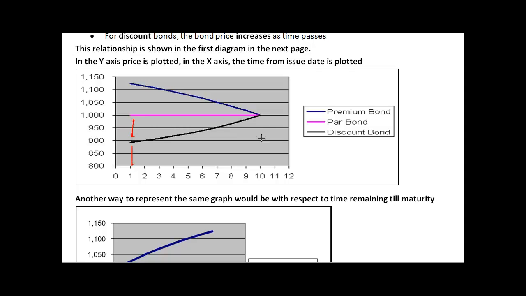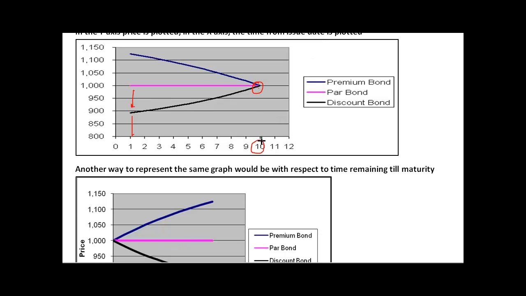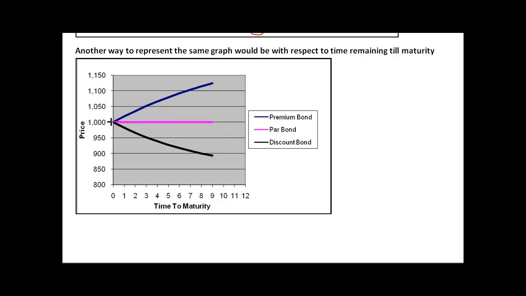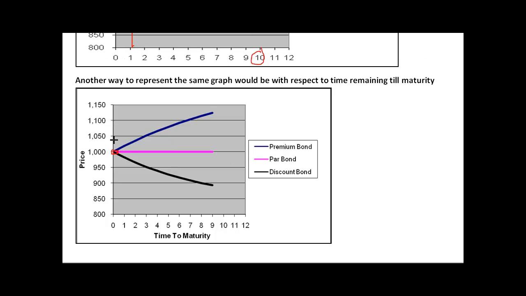The time remaining till maturity is 10, so it will become 100. And then the time remaining to maturity is 0, so you have this, exactly the one we have computed. Please note that this blue one is the premium bond, the pink one is the par bond, and this black one is the discount bond.